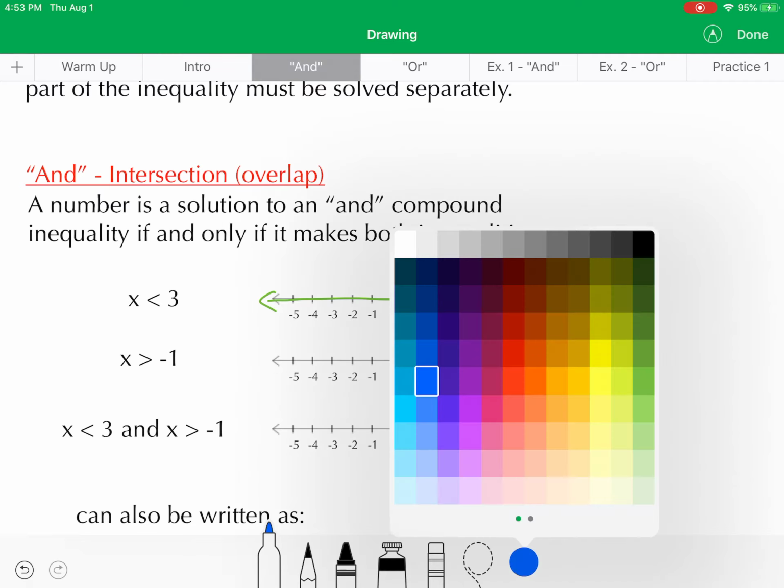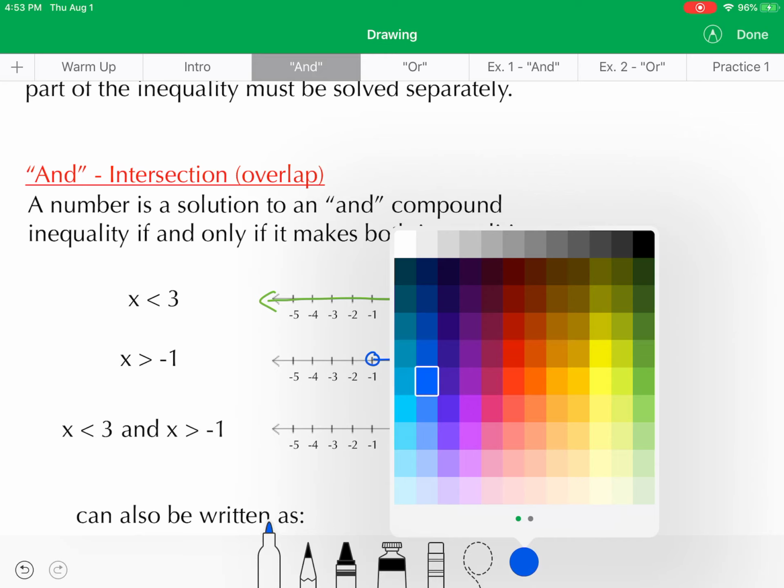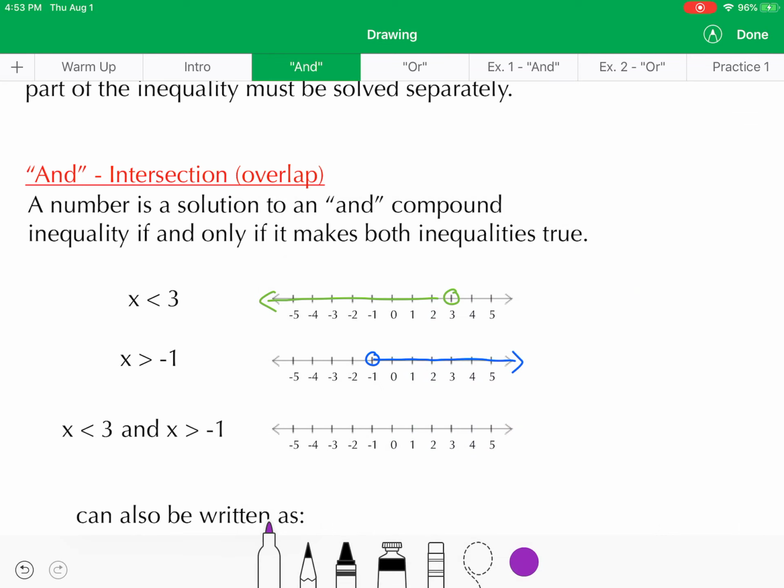X is greater than -1 graphs to look like this. Now, if you think of the green and the blue graphs there as overlapping or intersecting one another, that's going to occur at the numbers between -1 and 3. Those are all of the numbers that they have in common.